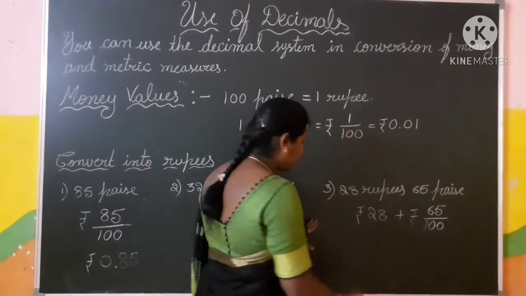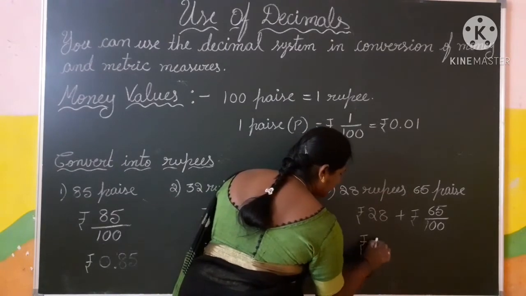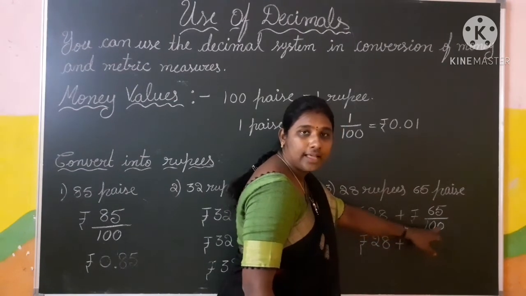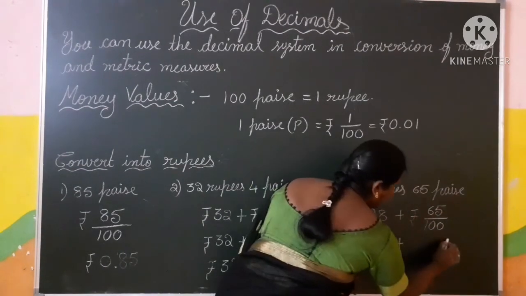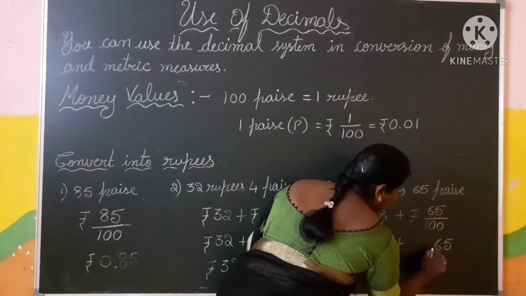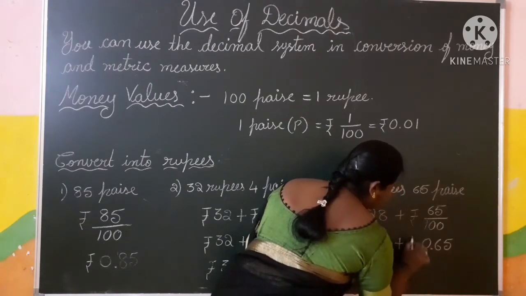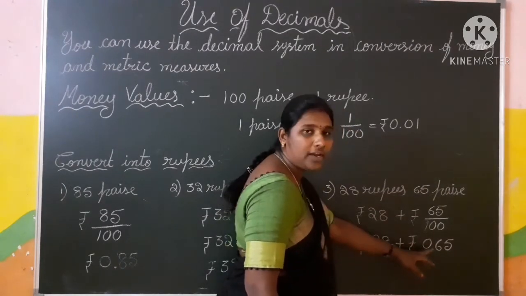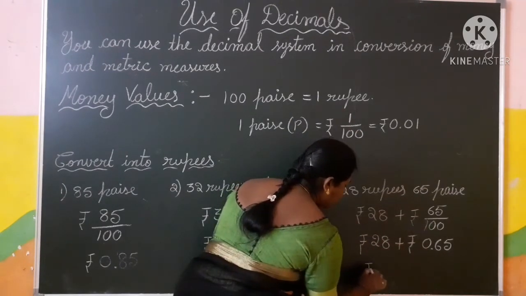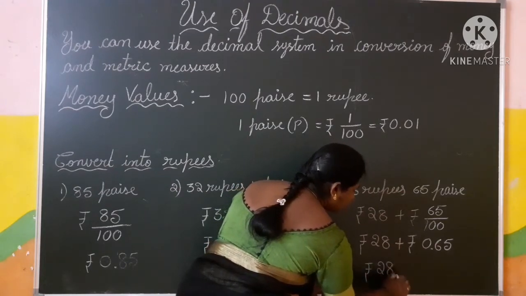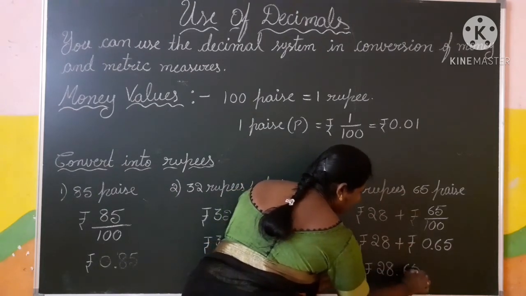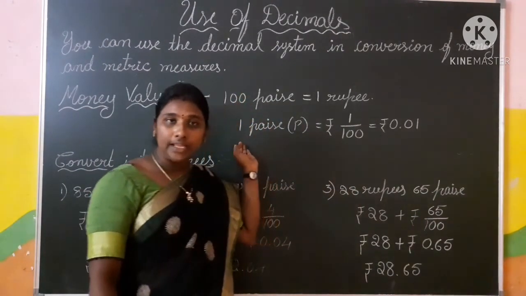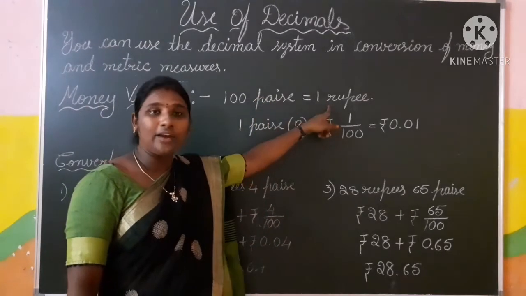The denominator has 2 zeros, so we put 2 numbers after the point: 6, 5. That gives rupees 0.65. Now add this to 28: 28 plus 0.65 is rupees 28.65.